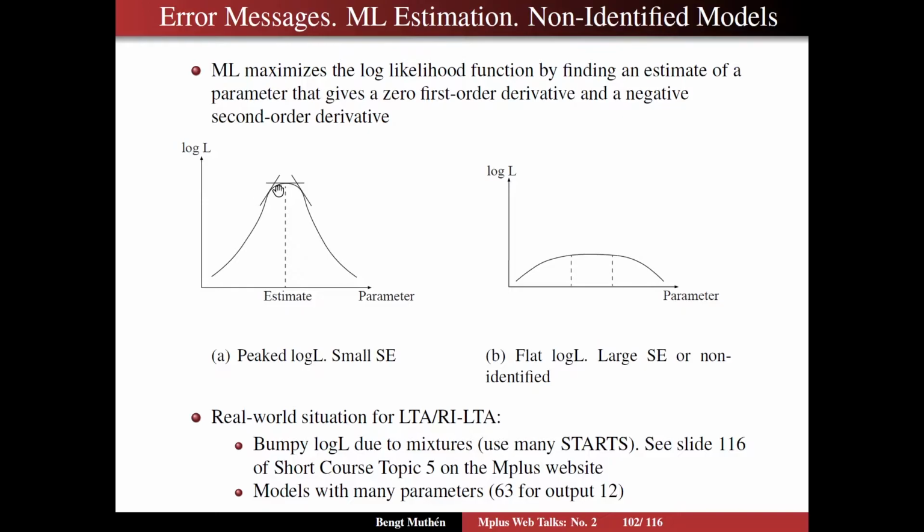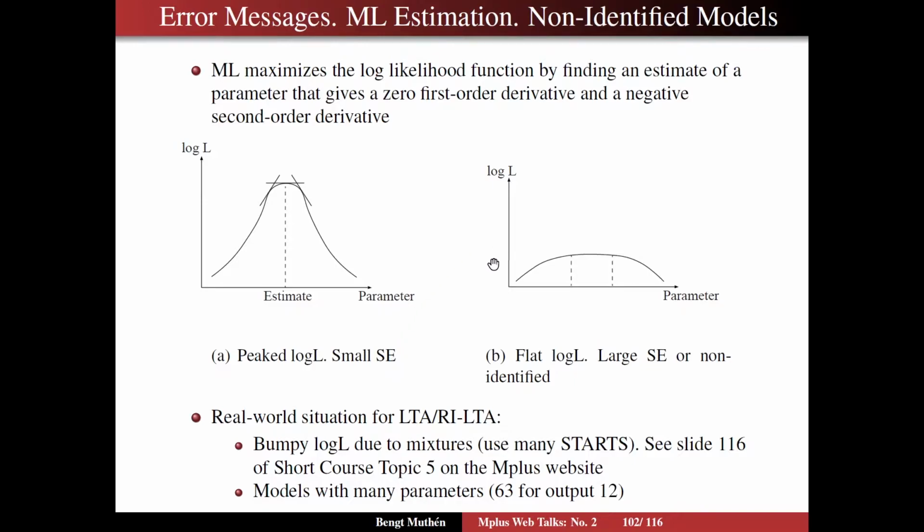Well, we want to make sure that this is actually a peak and not a valley, and to do that, we want to find a negative second-order derivative. This is a case of a peaked log likelihood, which corresponds to a small standard error. That is a well-determined estimate.